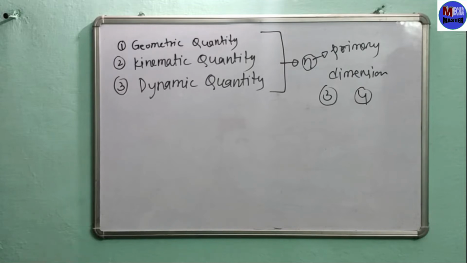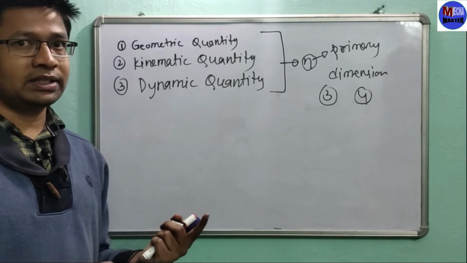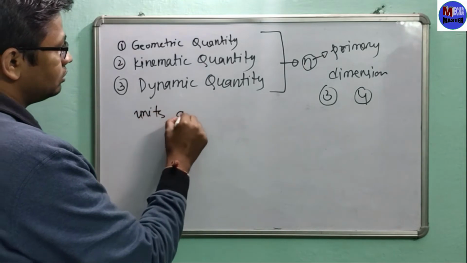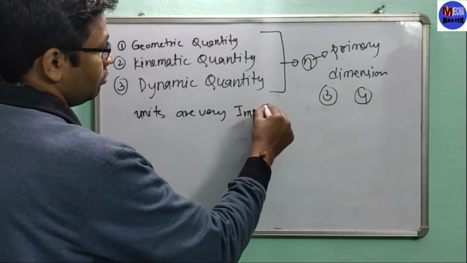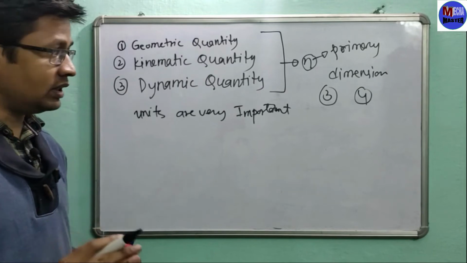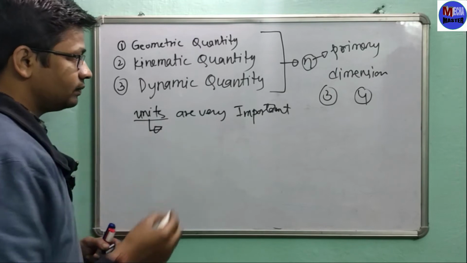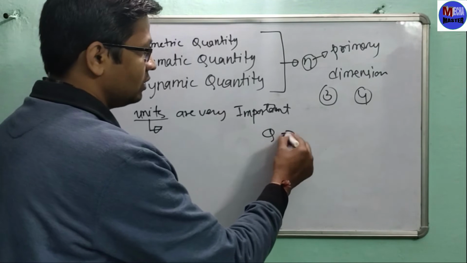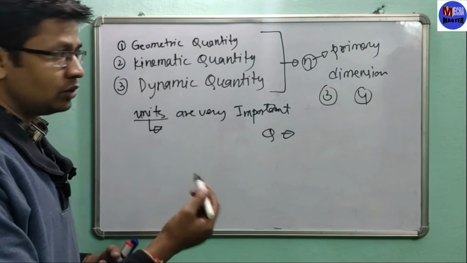One more thing that you need to remember, that I have already told you in my previous lectures, is that units are very important. Because to recognize any quantity, you need to see what the unit given is. Suppose in any question it is not written that Q is discharge, then how will you recognize that Q is discharge?